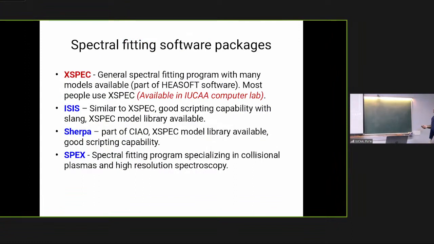There are various software packages for this kind of analysis, which also allow you to add new models. There are lots of existing models available, and if you have a new idea that you want to test, you can write your own model and implement it in these software packages, and that is very good work.